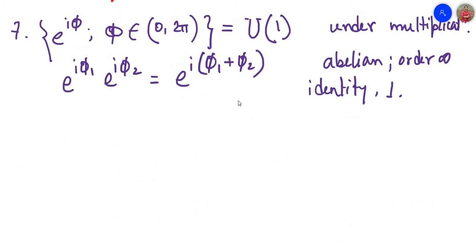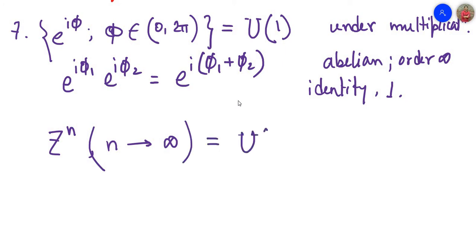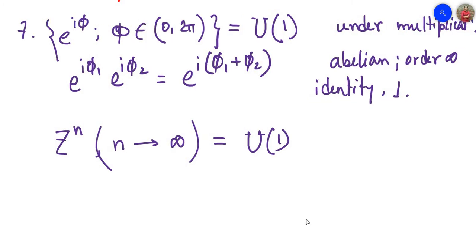This group can also be thought of as a generalization of the group Zn, with n going to the limiting value of infinity. And so this group will give us U1. And the reason there is a 1 is because it has one continuous parameter. Notice that this statement here may cause a bit of confusion.